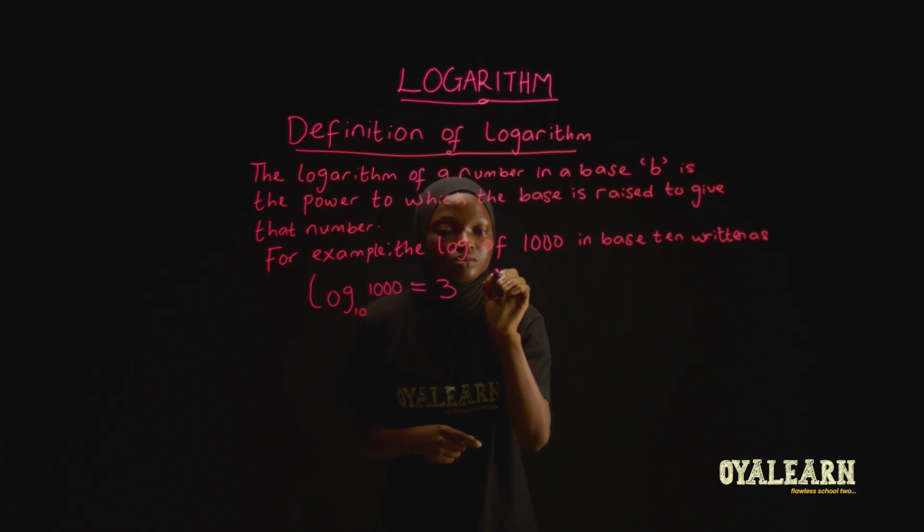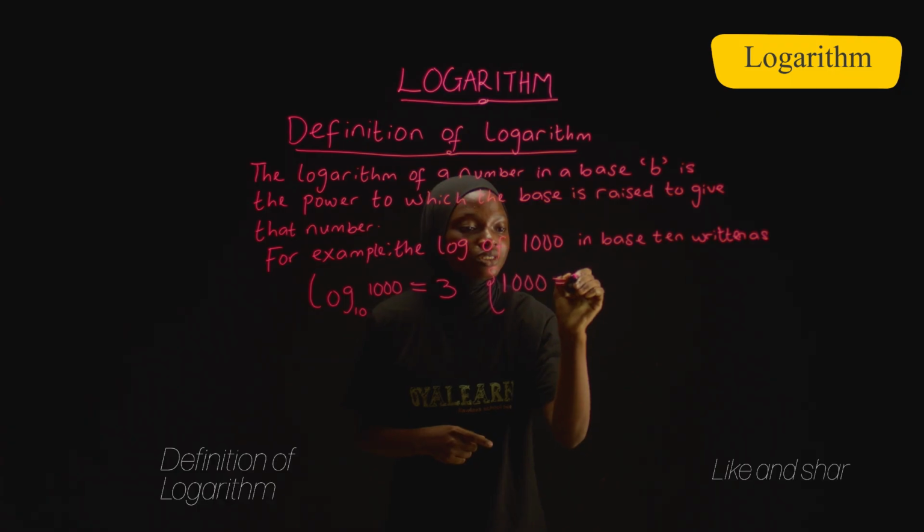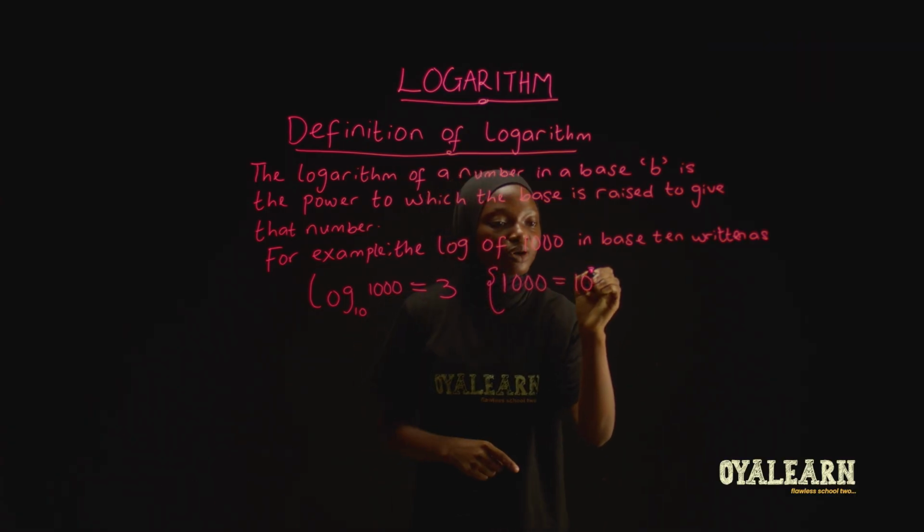Why? Because 1000 equals 10, the base, raised to the power of 3.